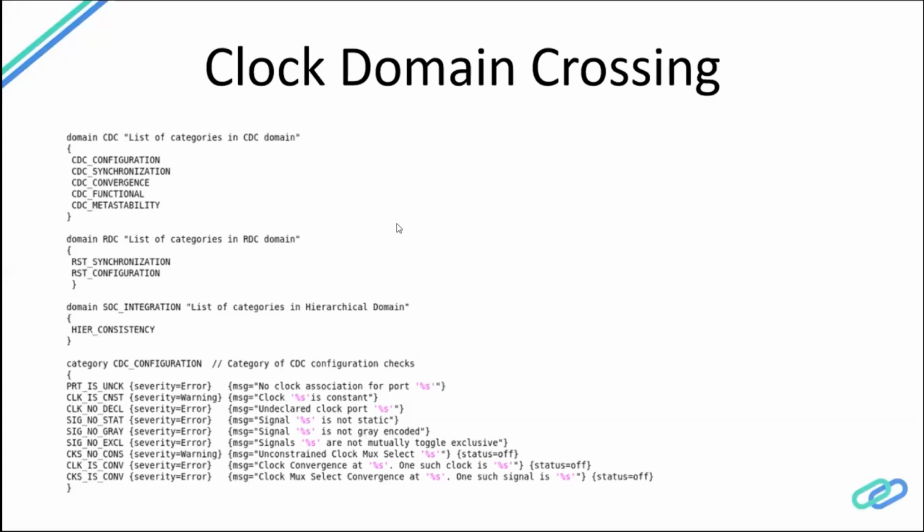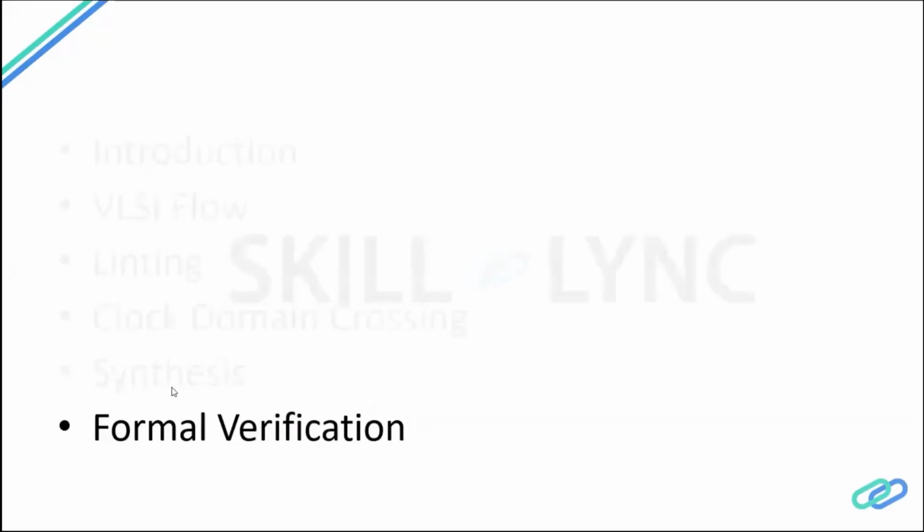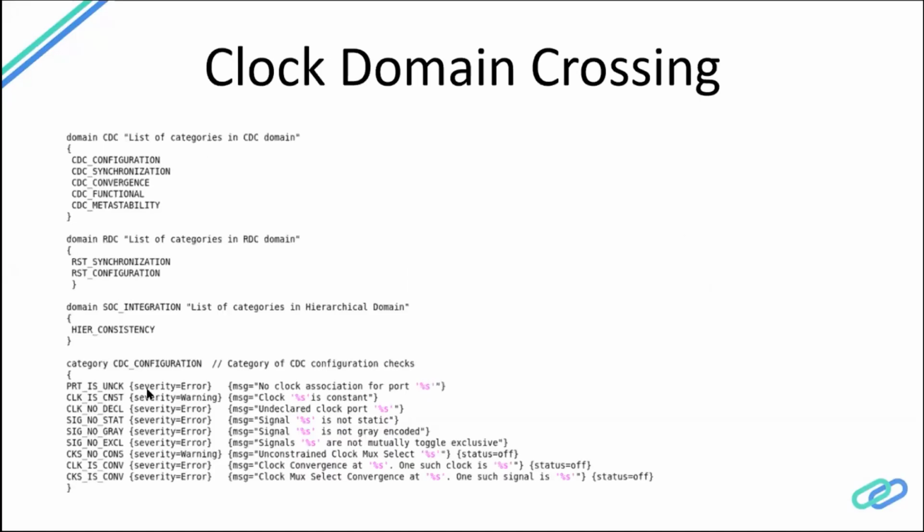In the constraint file we specify all the ports in the design. If there are 100 ports, we have to specify all 100 ports, and we have to specify which clock each is associated with. So if any port is not associated with any clock, it will give us an error. If the clock is constant, it is not an error because a clock can be constant, we are not changing the clock.